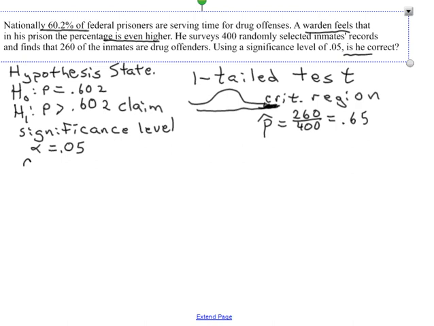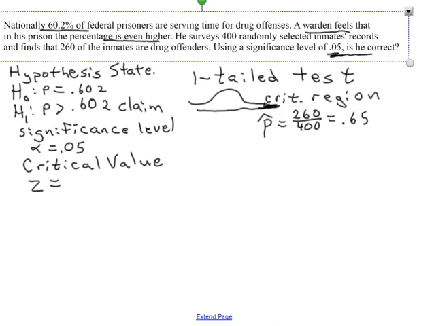Now our critical value, because it's one-tailed, we only have one, will be a z-score. And since this is one of those special percentages, 5%, we can use the t-table.